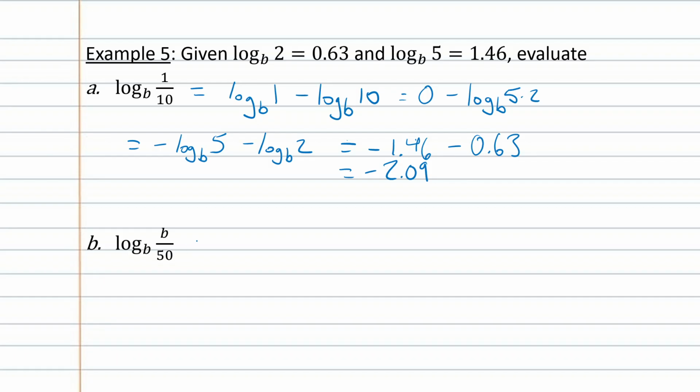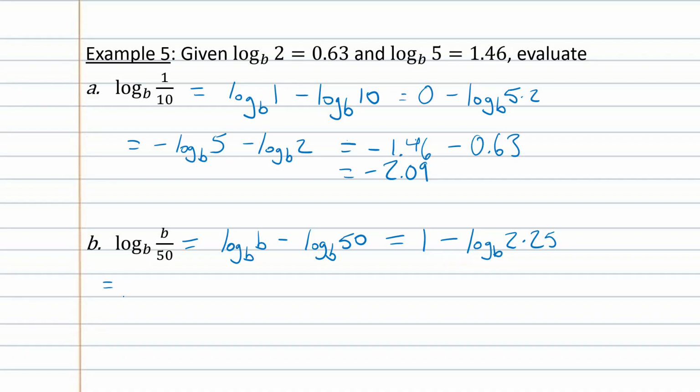Okay, well, how about this one? Log base b of b over 50. All right, we're going to break that into the log base b of b minus the log base b of 50. Well, what do we know about the log base b of b? That should equal 1. And then I need to split the log base b of 50 into 5s and 2s. Okay, so what if I split it into the log base b of 2 times 25? Okay, because 25 is 5 squared.